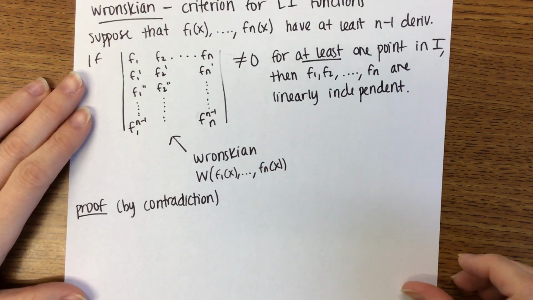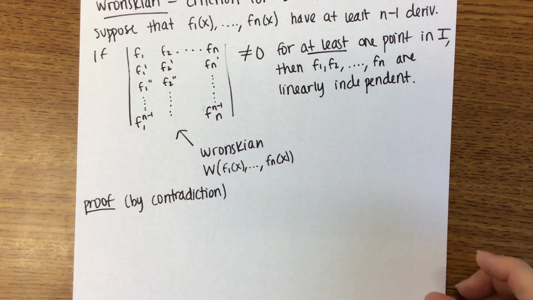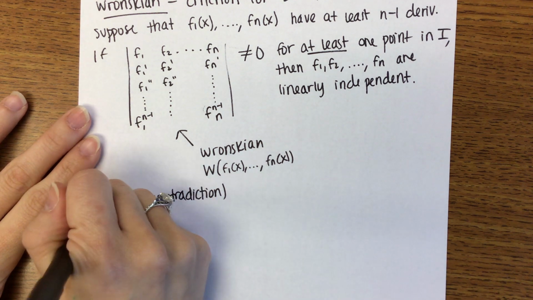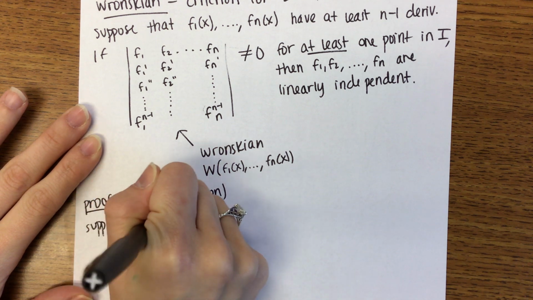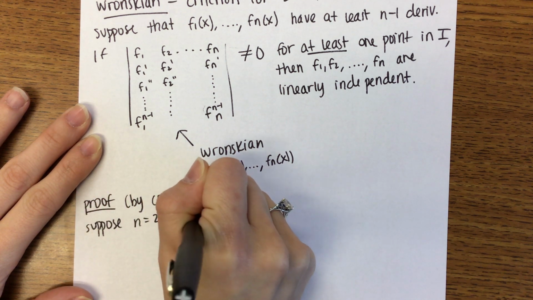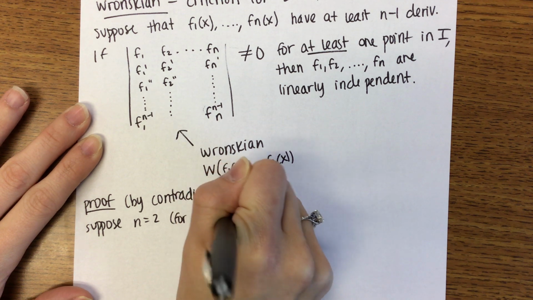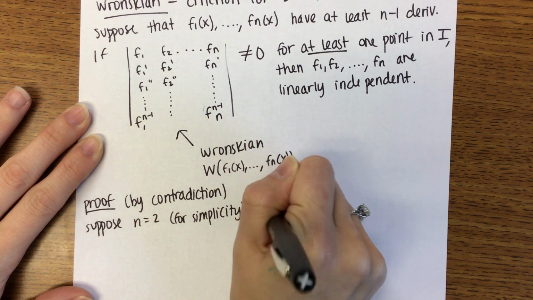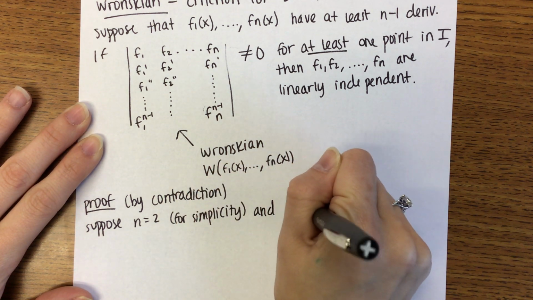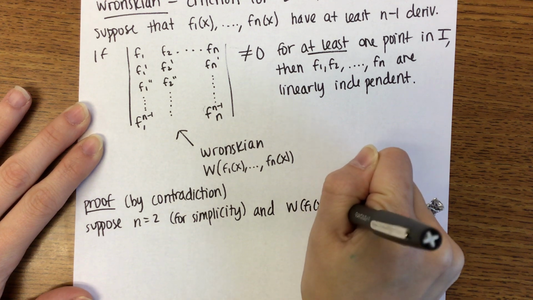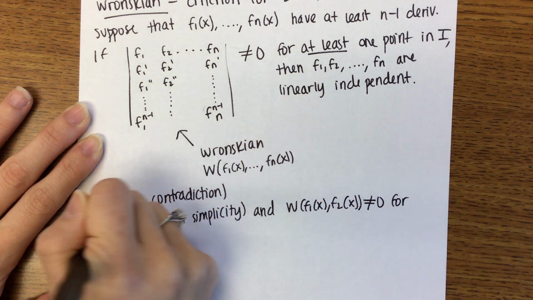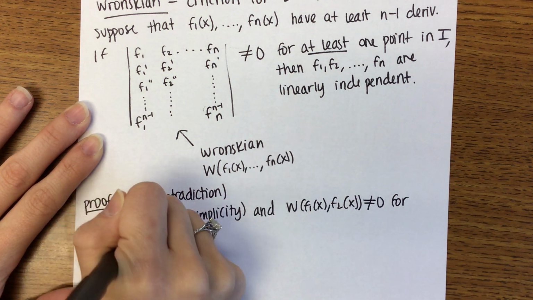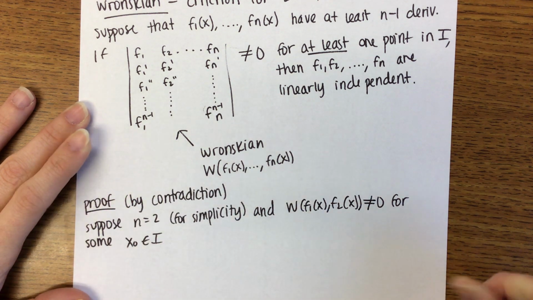We're going to do the simple case of n equals 2. You could do n higher than 2, but it's going to be the same idea. So let's suppose n equals 2 for simplicity, and the Wronskian of f1 of x and f2 of x does not equal 0 for some x in the interval.